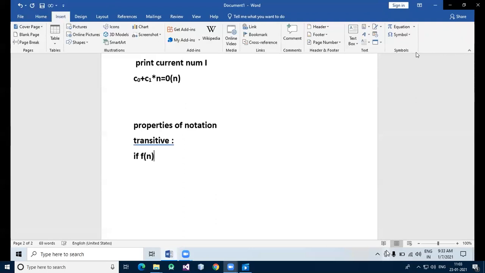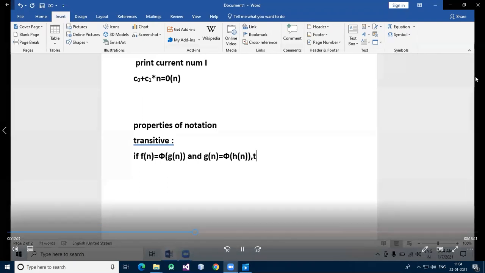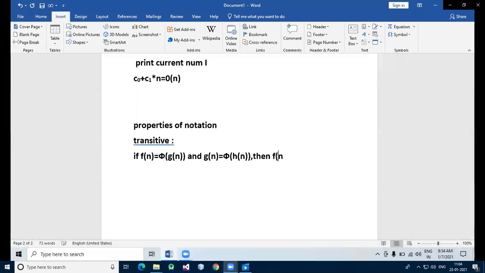Remember that if f of n is equal to theta g of n, and g of n is equal to theta h of n, then f of n is equal to theta h of n, right?